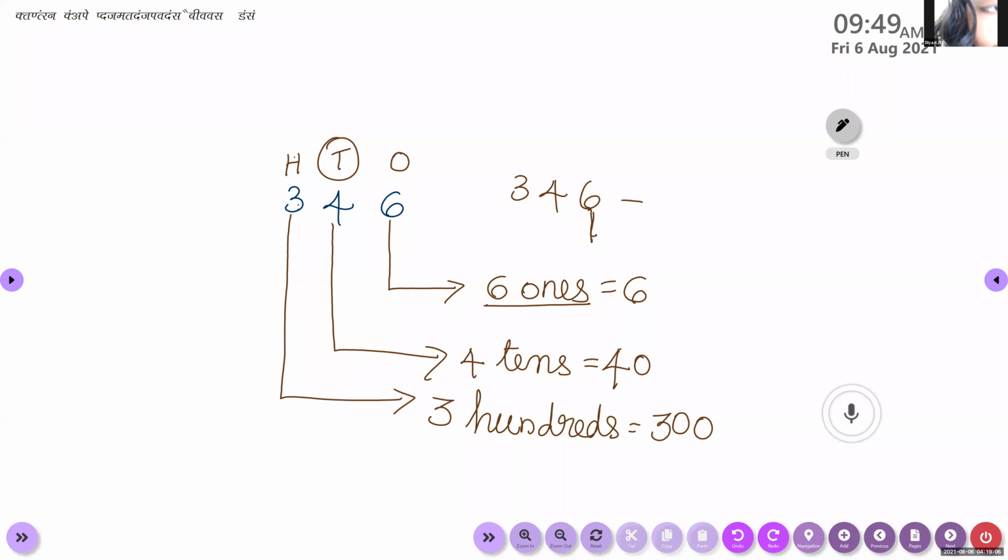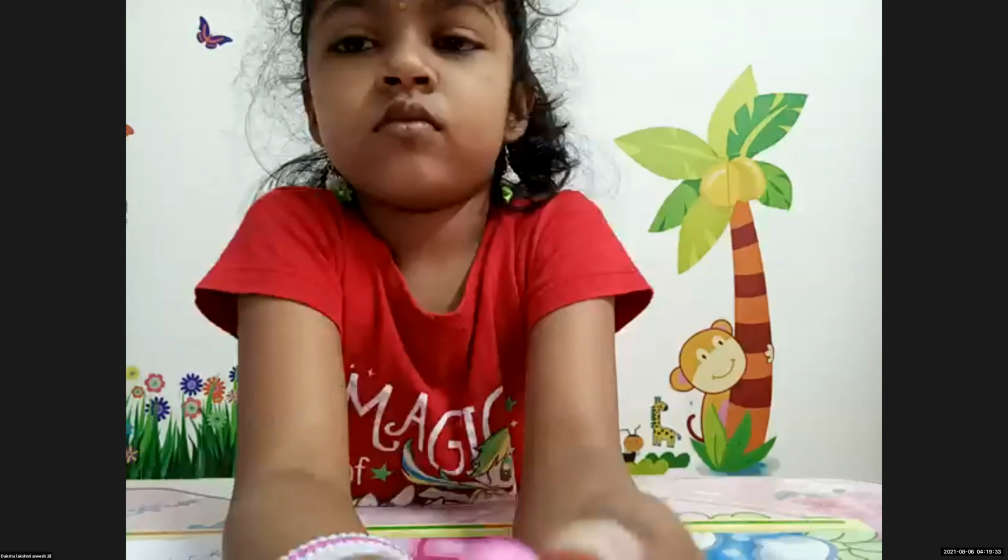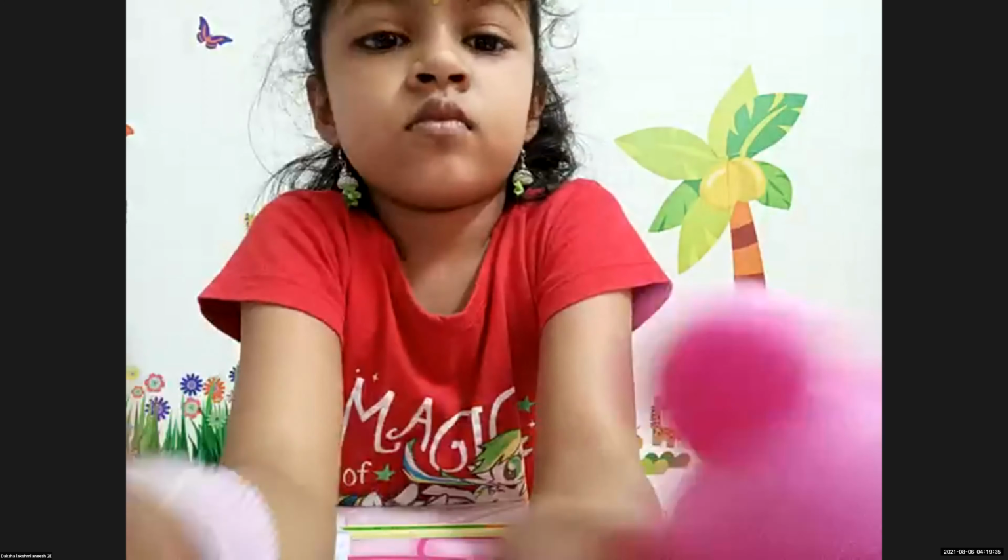You have to say 6 ones. That is equal to 6. Like that, the place value of 4 is 4 tens, and 3 is 300. We'll discuss more about this in the next class.